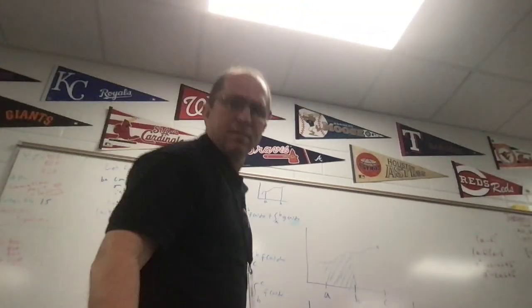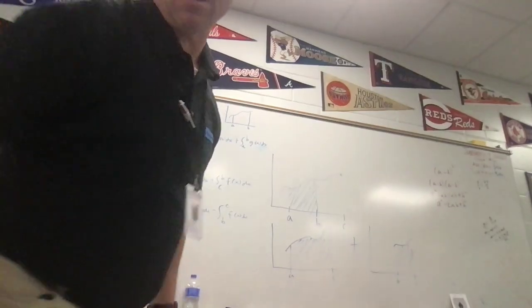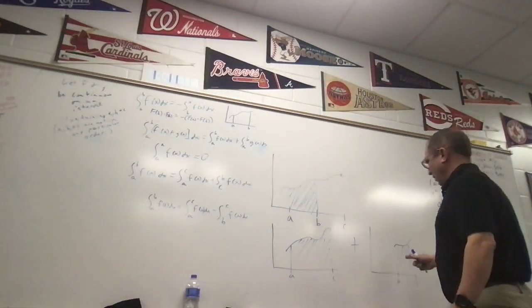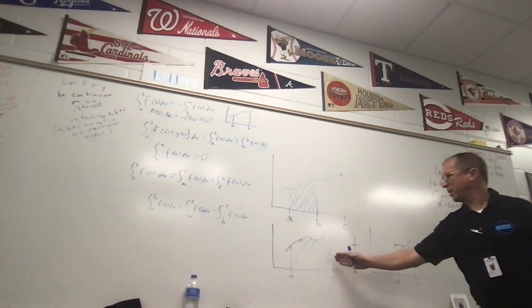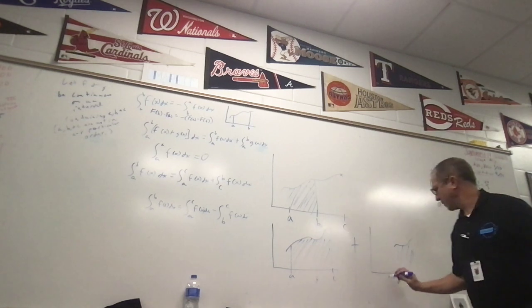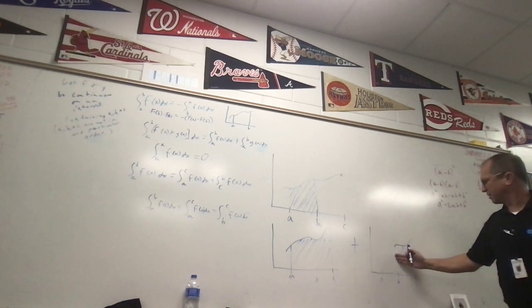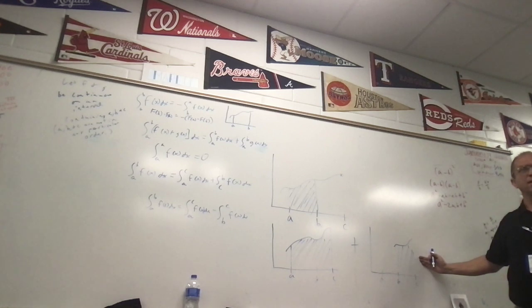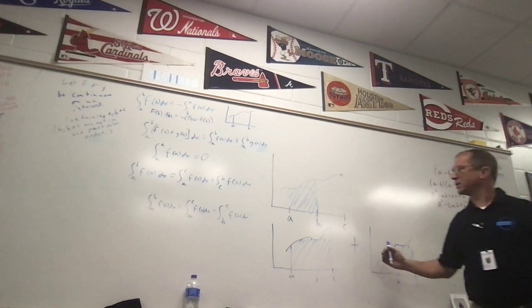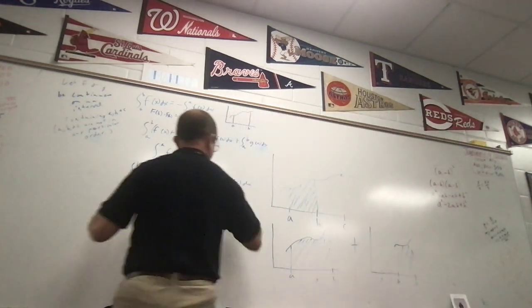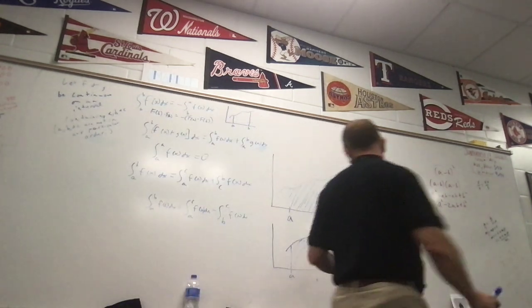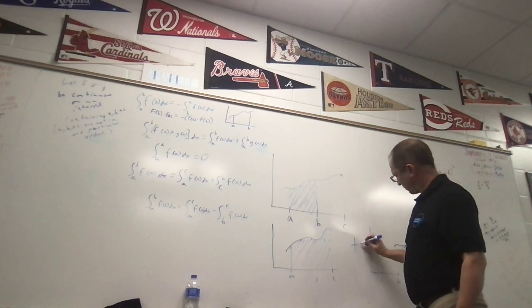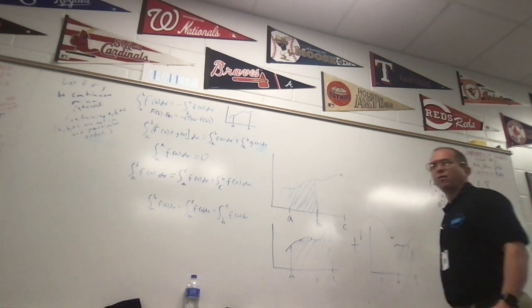All right. So, based on that, what I'm saying is the area from here to here is equal to the area from here to here minus the area from here to here. Well, because of this, it's really plus the negative because of the way I wrote it.